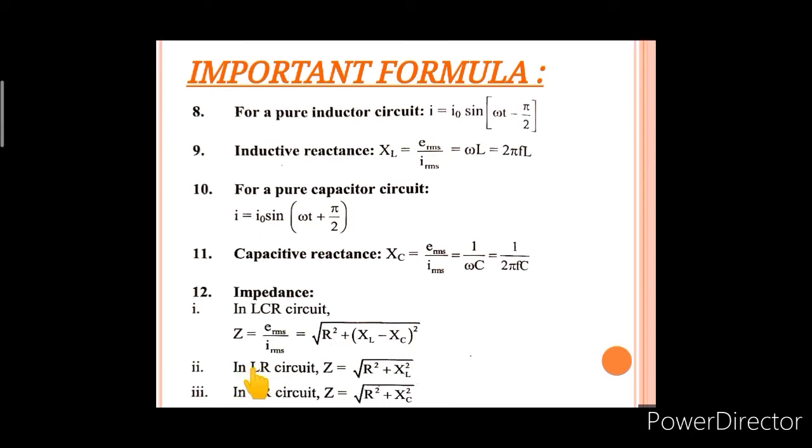If a circuit consists of an inductor and a resistor only, it is the LR circuit, and its impedance Z is square root of R square plus XL square. Similarly, a circuit consisting of a capacitor and resistor only is the CR circuit, and its impedance Z is square root of R square plus XC square.